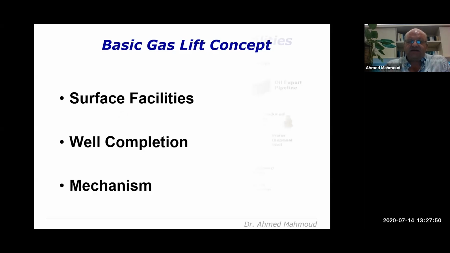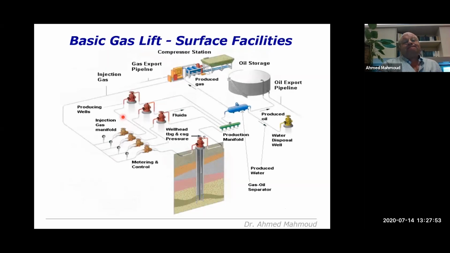First of all, let's see the surface facilities. I guess this explains why initially we said that gas lift is a system that has to be applied on large fields, because the surface facilities are big, huge, and expensive. The compressor stations by themselves need very big compressors that cost quite a fortune.